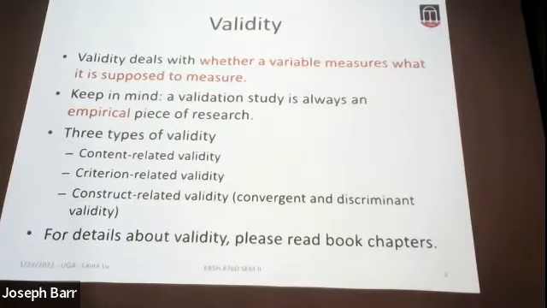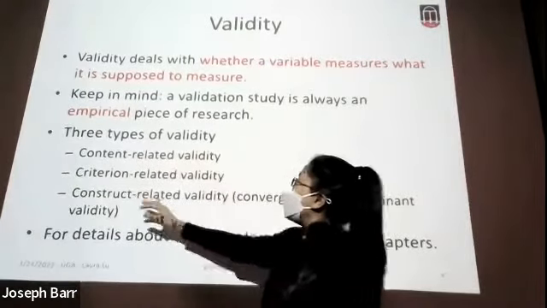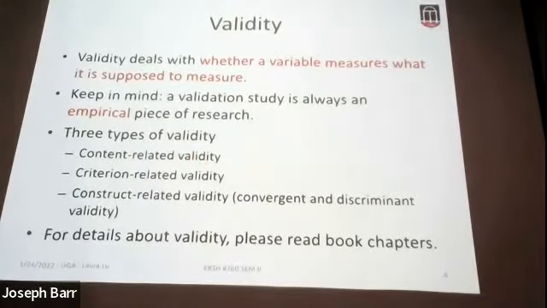So it's kind of an empirical piece of research. And people try to use three types of methods to measure the validity, which are content-related, criteria-related, and construct-related. So what are these?